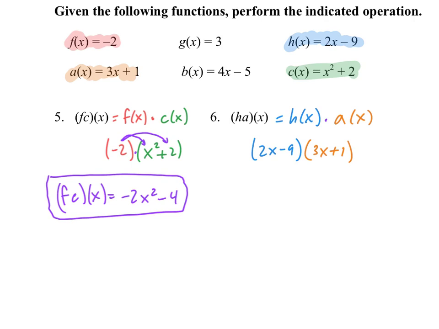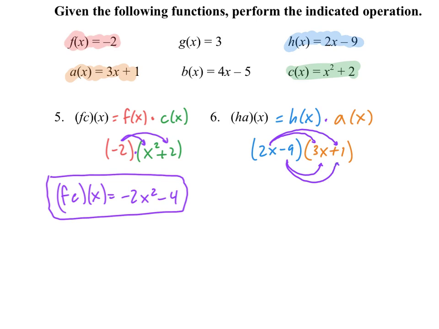Hopefully you recognize this as something you may have learned as FOIL. I think we usually call it double distribution, so that we want the 2x to distribute to both the 3x and the 1, and we want that negative 9. So make sure you see that as a negative 9, not just a 9, to distribute to the 3x and also to the 1.